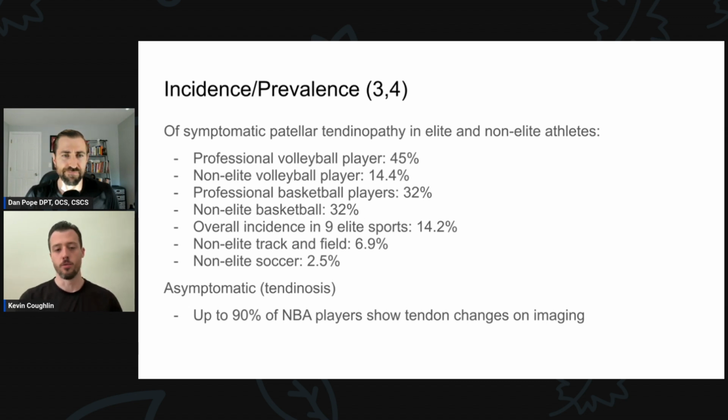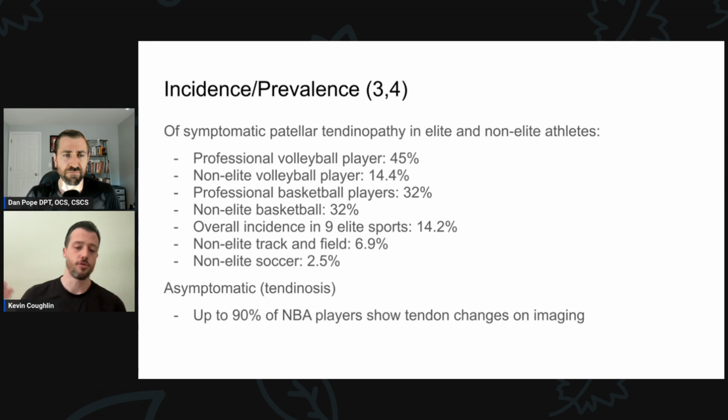So again, I won't read through every single one, but I think a quick example is we see in professional volleyball players in this group, 45% of them had symptoms of patellar tendinopathy versus the non-elite cohort only had 14.4% with symptomatic patellar tendinopathy. So, that's like 4-ish times higher in the group who is elite, right?